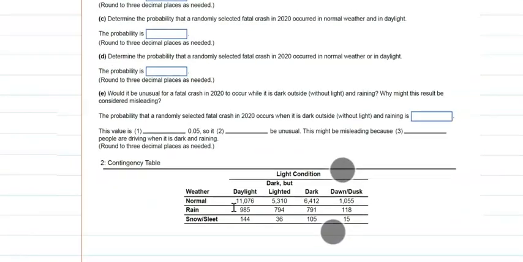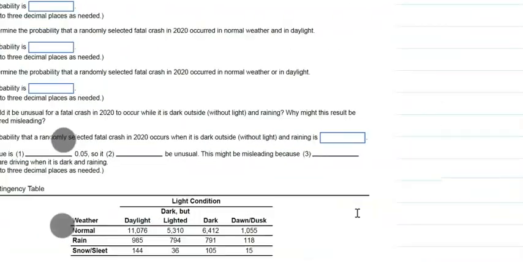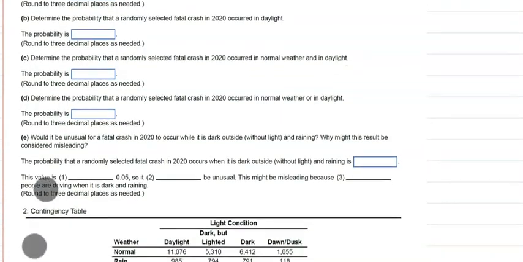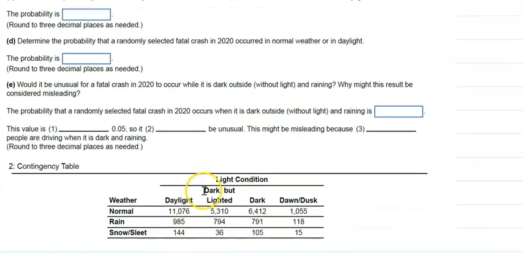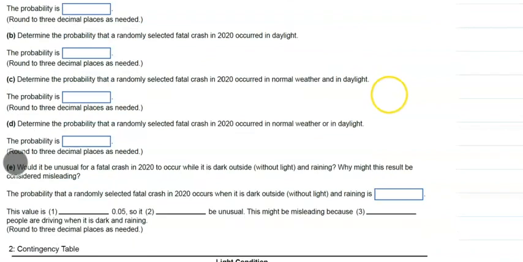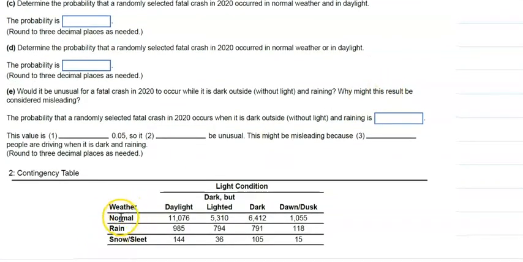Okay, last question, 20. Last question 20 is similar to the other questions, except no total is given here. Unlike the previous question, this question doesn't have a total. So here there is an accident occurrence. That's the question: number of drivers involved in fatal car accidents in 2020 in various conditions. So it looks like you have weather condition as a column, light condition as a row.